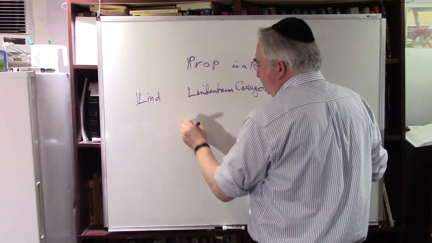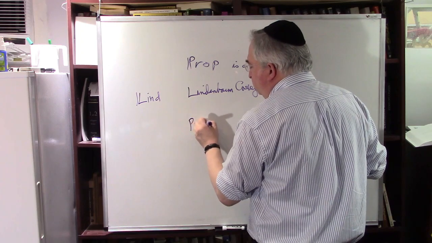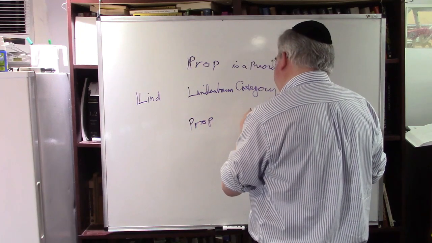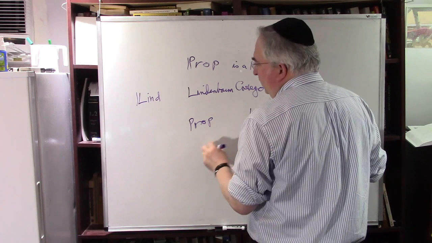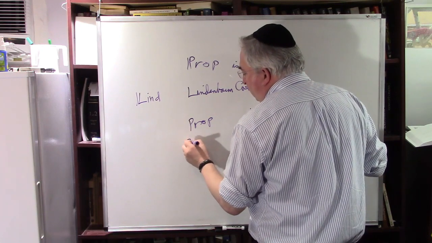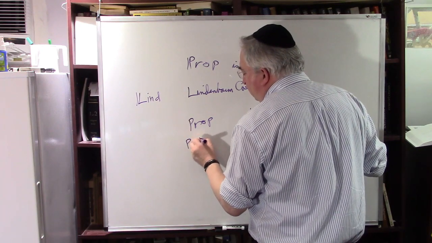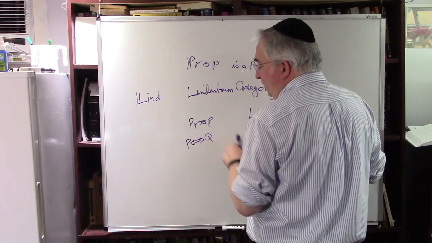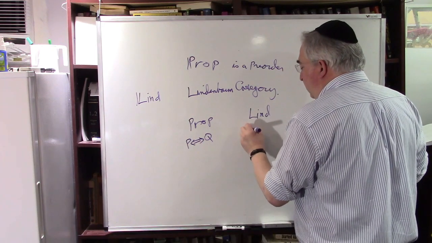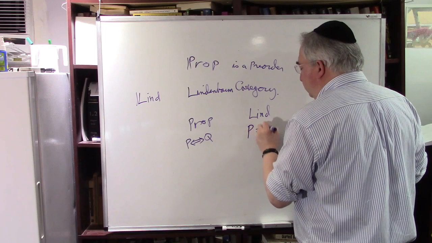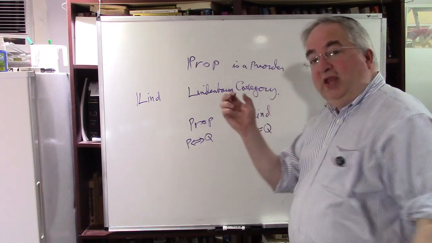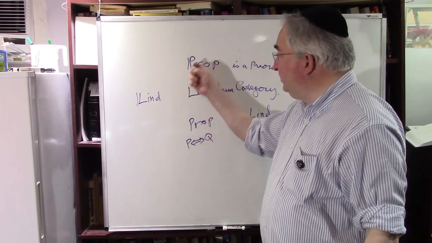The main idea is as follows. If P double arrow Q in this category, then P equals Q in this category. So it's a skeletal category. This is a skeletal category of this.